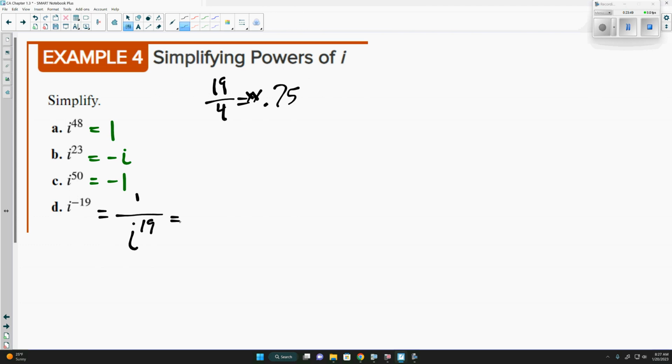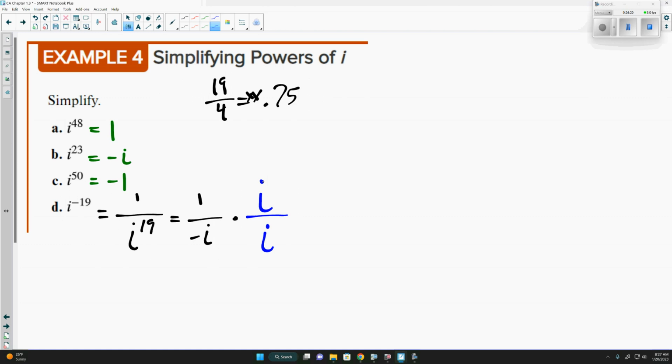So that's saying that we have 1 over negative i. We can't have i in the bottom of a fraction, because really what we're saying is that I have 1 over the negative square root of negative 1. Having a radical in the bottom of a fraction is not good.